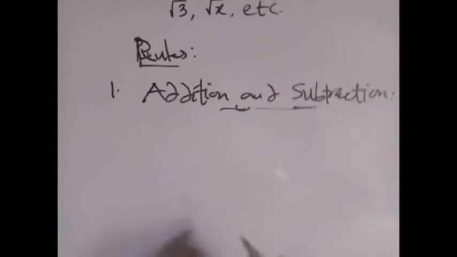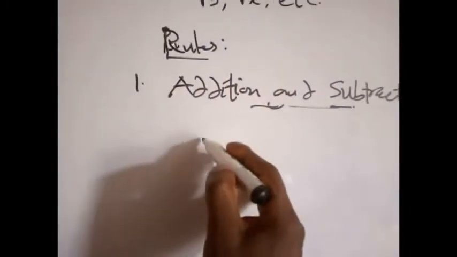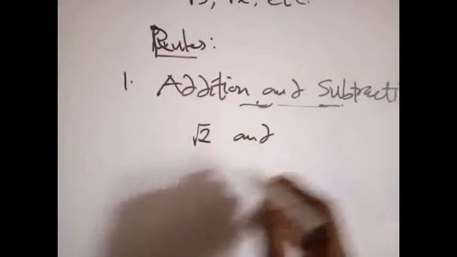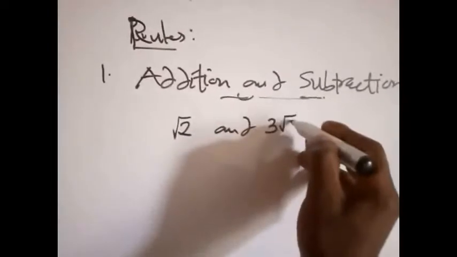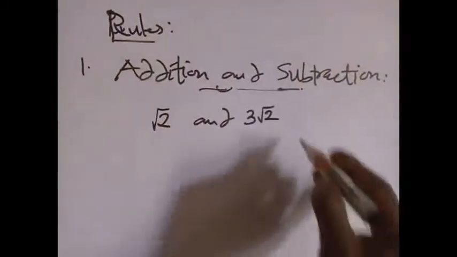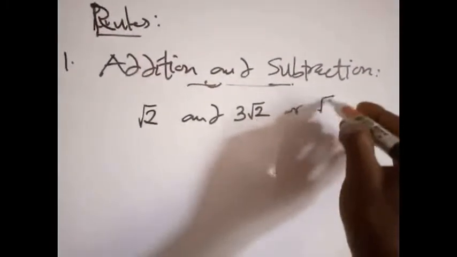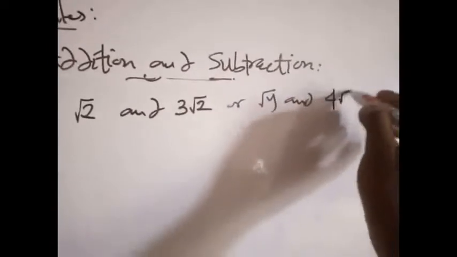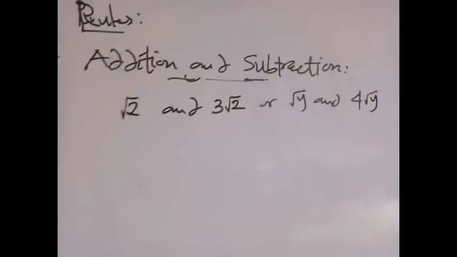For example, if we have root 2 and 3 root 2, or we have root y and 4 root y.